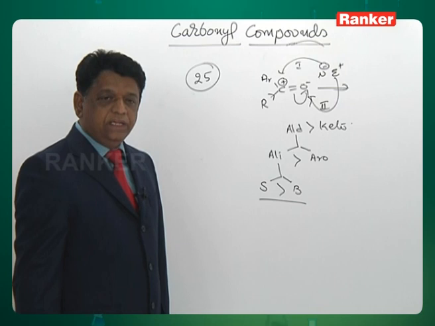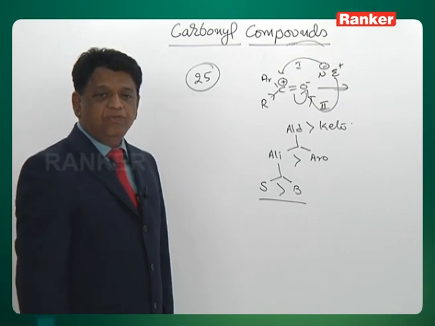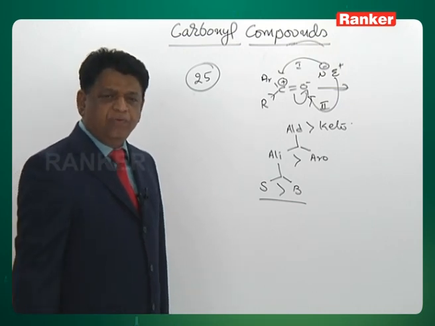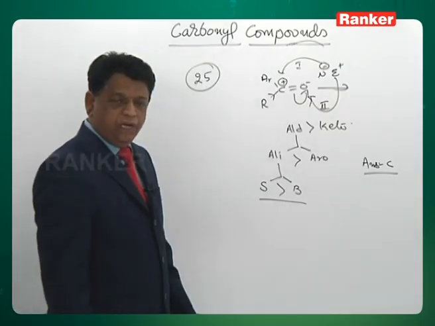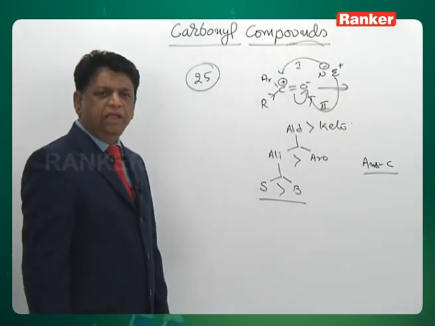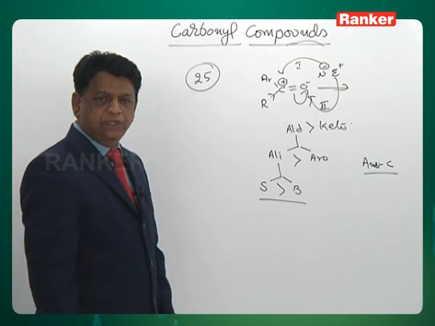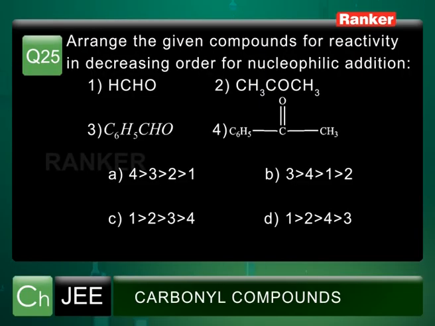Benzene with ketone is there, benzene with aldehyde is there. So the fourth option goes last. Finally 1, 2, 3, 4 is the right answer, that is answer C. In this, formaldehyde, the aldehyde without any group, then benzaldehyde, then acetone, and then acetophenone are arranged 1, 2, 3, 4. Therefore option C is the right answer.